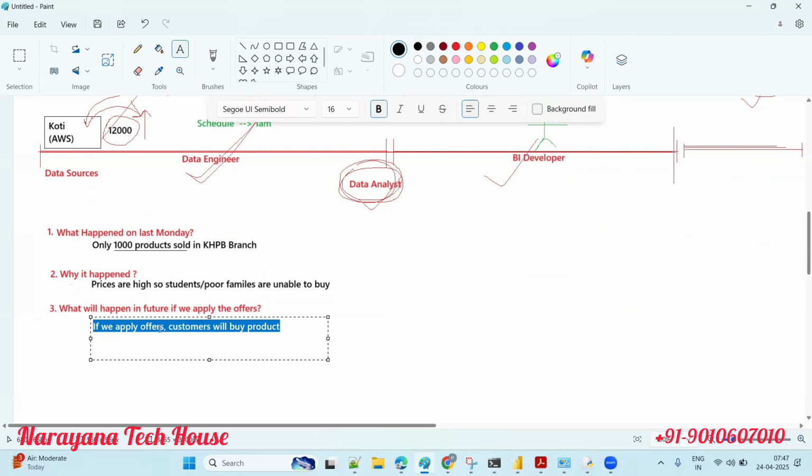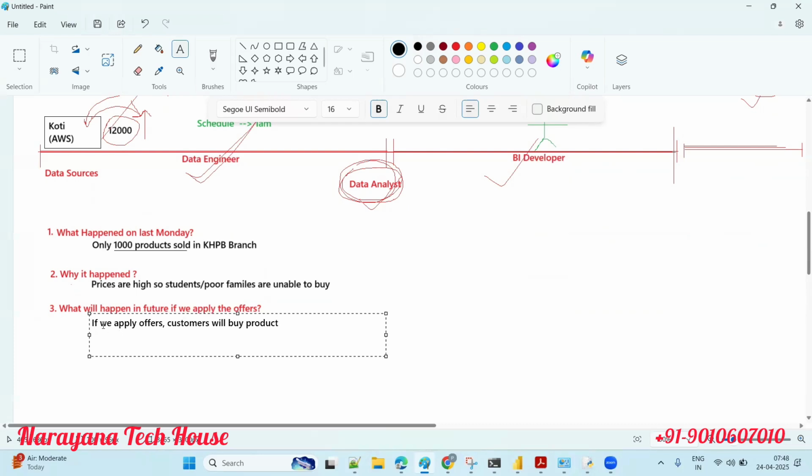Because every time customers are about to buy, but because of prices, they are not buying. So the customer is interested to buy, but because of the product prices only, they are going away without buying.